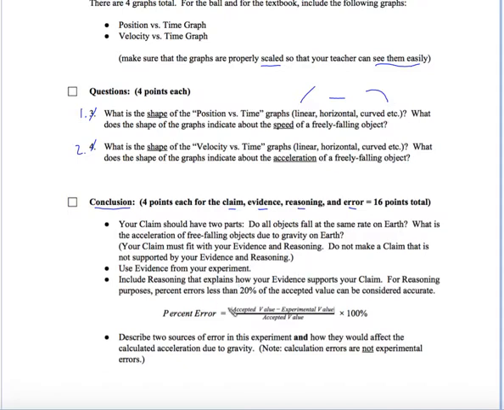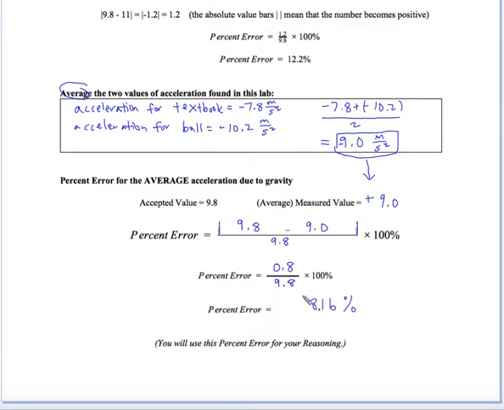So the reasoning, we're going to take our percent error, which we did earlier, and we said basically percent error is how different is our value from the accepted value. And here I'm saying my difference is about 8%. It's 8.16% different from the accepted value.